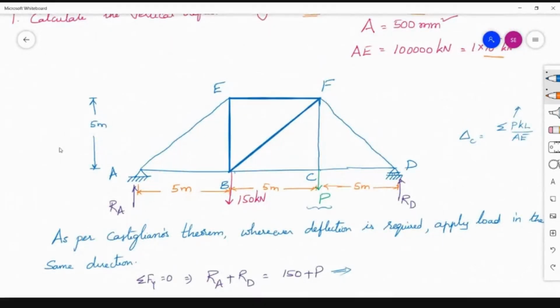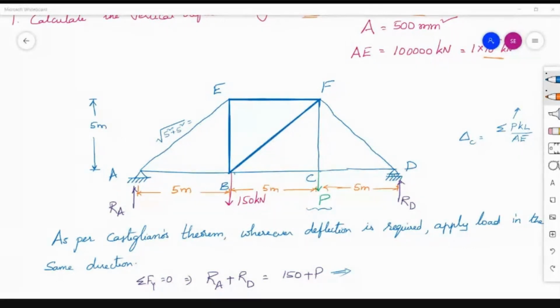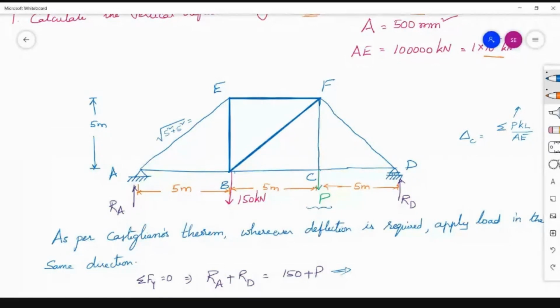Whereas the AE member is inclined, which is square root of 5 square plus 5 square. What is the value of this? Square root of 5 square plus 5 square is 7.07 meters. Similarly, this is also 7.07 meters, and this is also 7.07 meters.